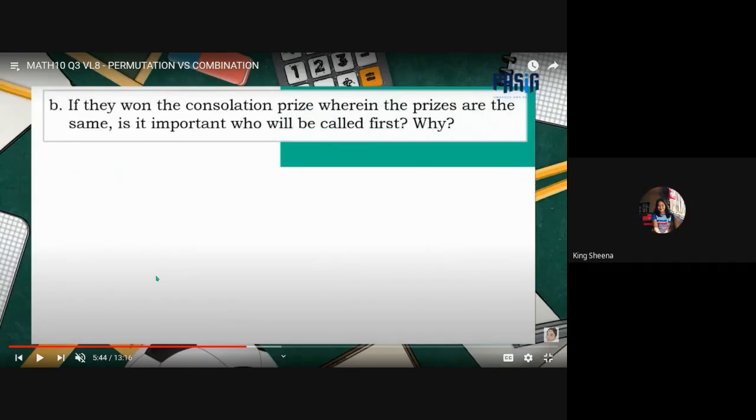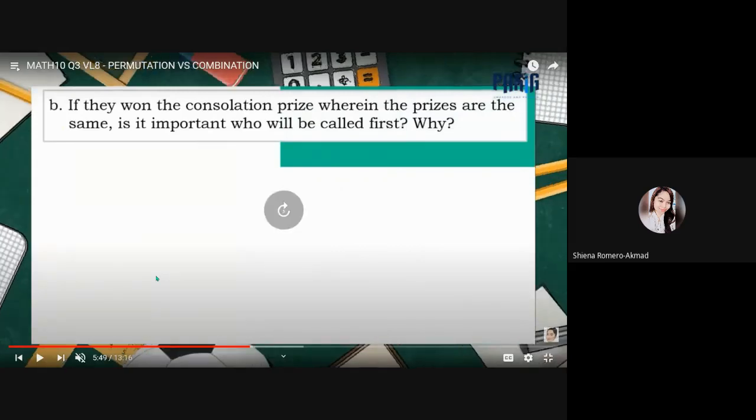Kasi kanina, kaya naging importante kung sino yung first, second, and third because the first has a prize na more valuable, mas mataas yung premyo niya than the others. Dito, dahil pare-pareho lang naman kayo ng consolation prize, it doesn't matter kung mauna ka or mahuli kang tawagin as long as nanalo ka ng consolation prize.